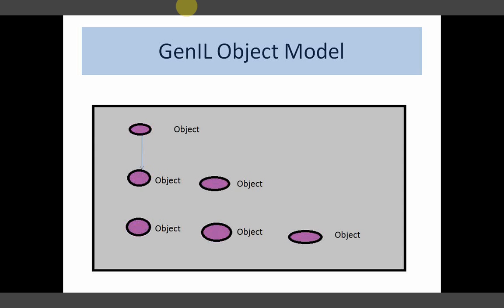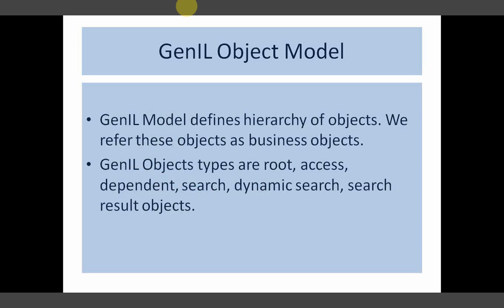A Genil object model contains a group of objects with relationships. There will be a relationship between the objects. So the Genil object model defines a group of objects, and modeling means there will be a relationship between the data, the objects.